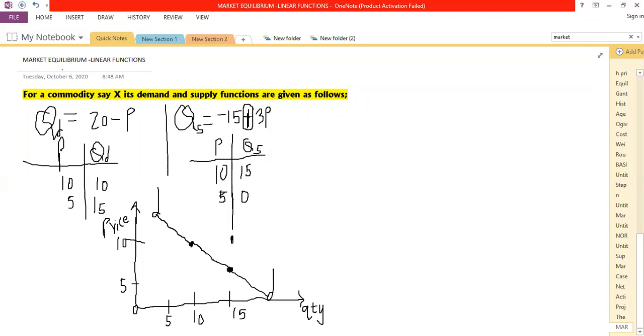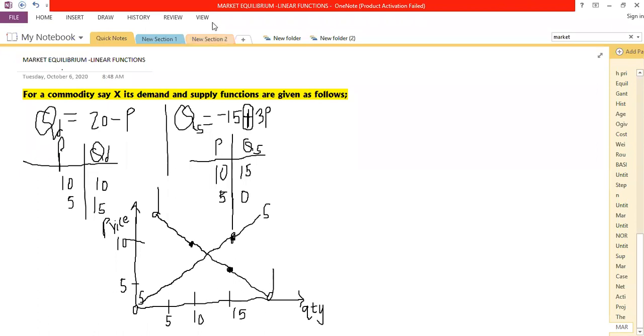Your supply curve is supposed to go through the origin, the 0, 0 coordinate. Of course, again, you're using a ruler to join your points. So you have your supply curve represented there.